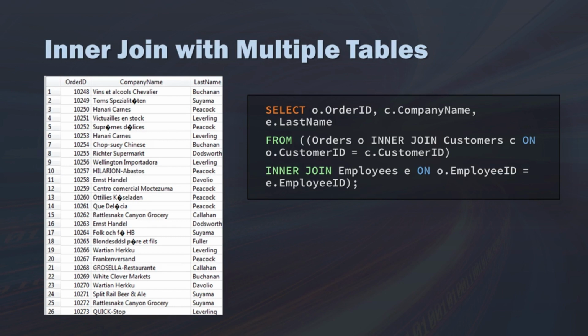But I also want it to usually be in a logical fashion, just because it's a little bit easier to follow if I don't remember which one it's coming from. So I have orders as O, customers as C, and employees as E. It's just an easy way then for me to remember.